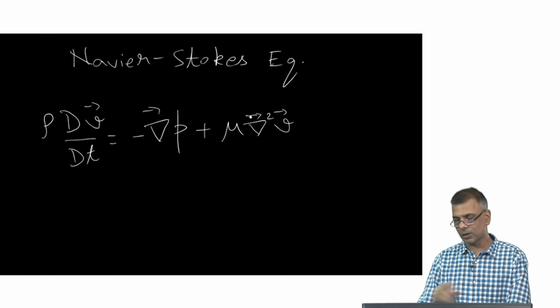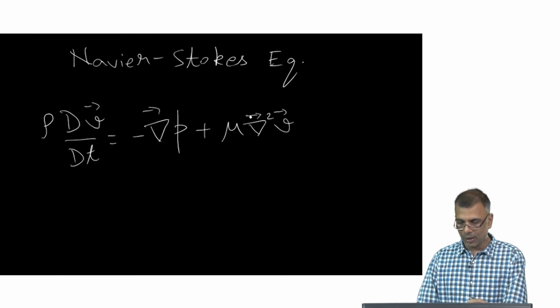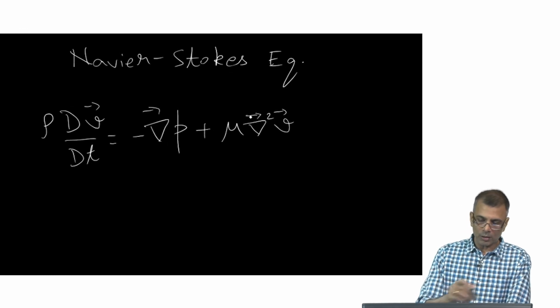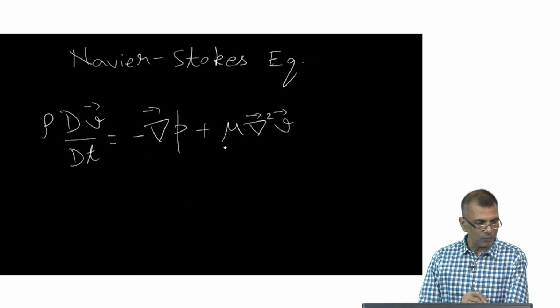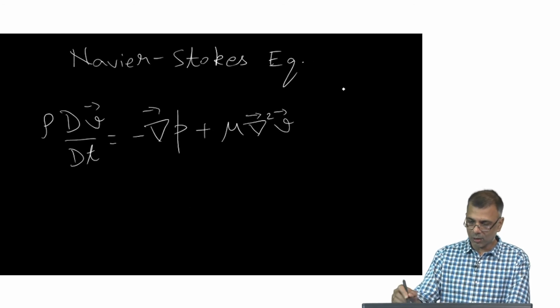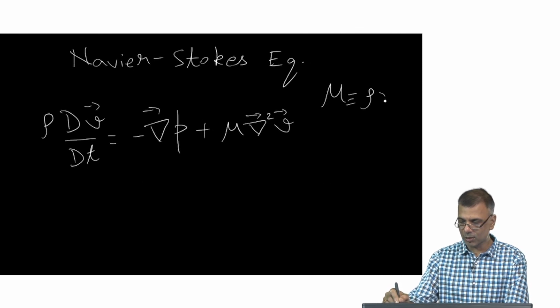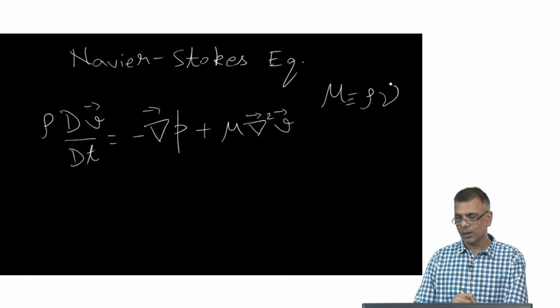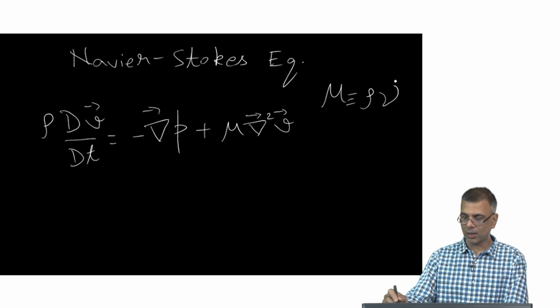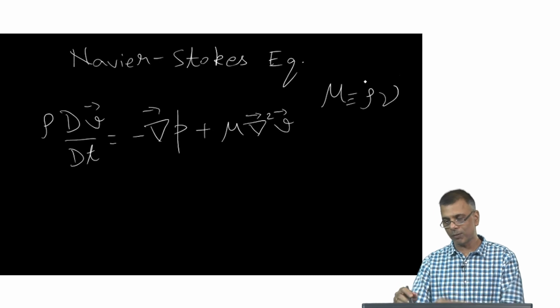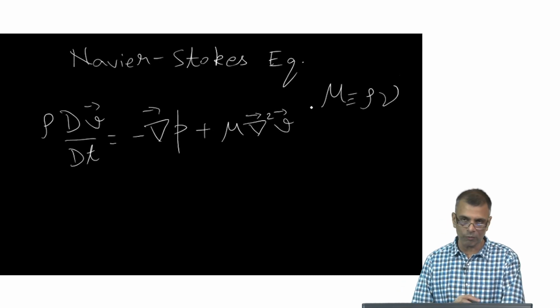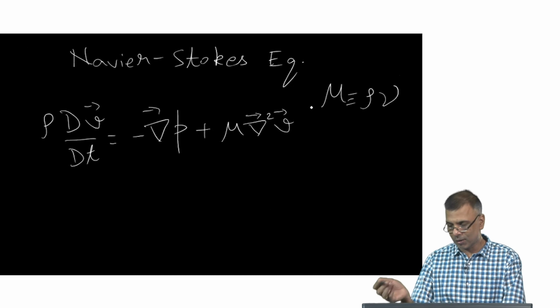Now, mu is the coefficient of dynamic viscosity. Many times we write mu as the density times nu, and confusingly, both of them are often called the coefficient of dynamic viscosity.